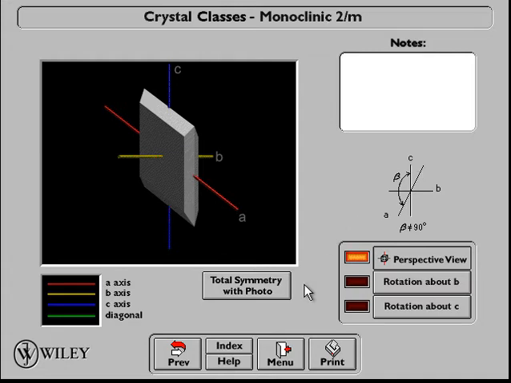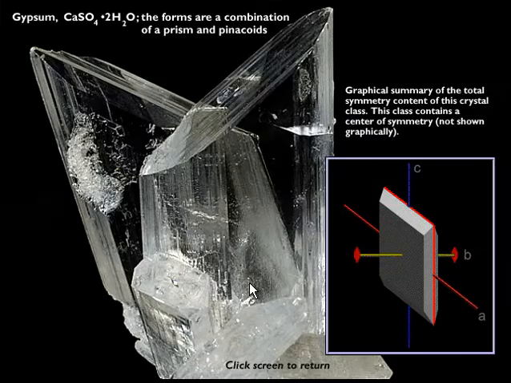So now we are going here to a total symmetry with a photo. We are getting now a monoclinic crystal with the symmetry 2 over M. In there we have a very nice picture here that you can see very nicely.